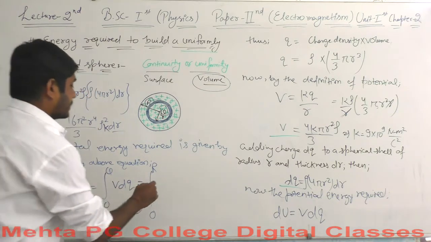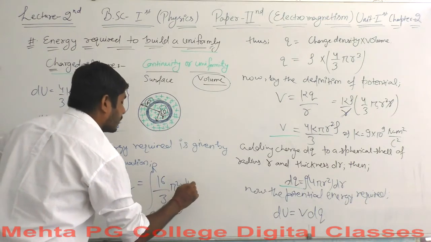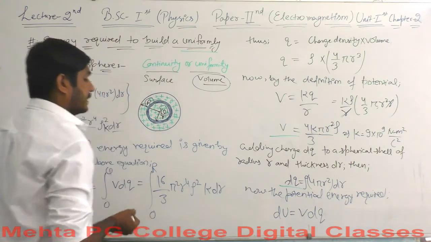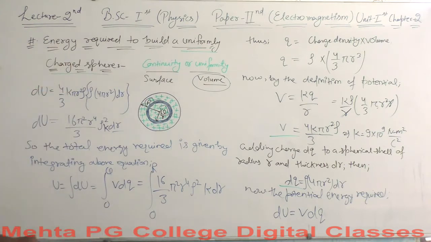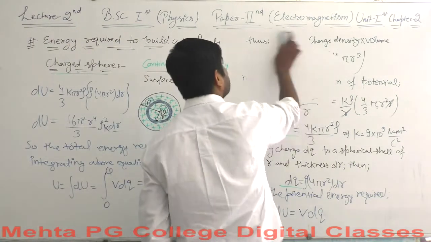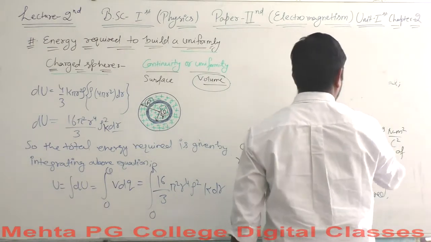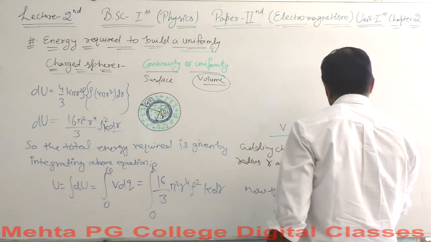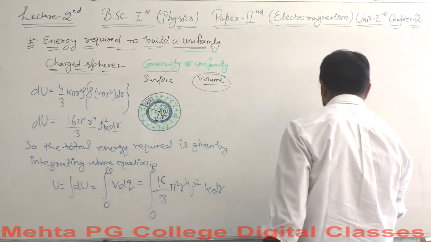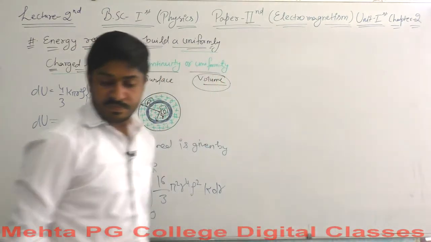So this is it, 16 upon 3 π² r⁴ ρ² k dr. Okay, so now we are about to solve this, and for solving this we need some workspace. So let me clear this off.